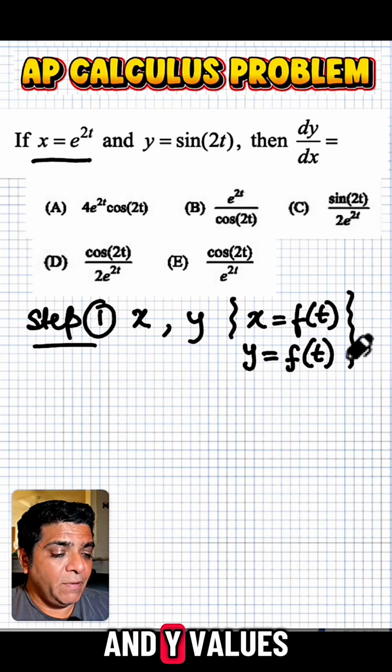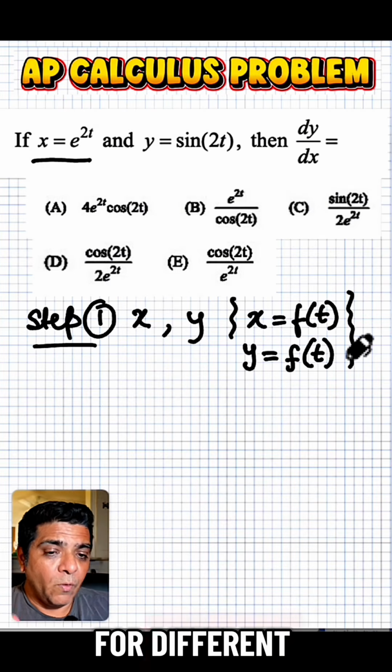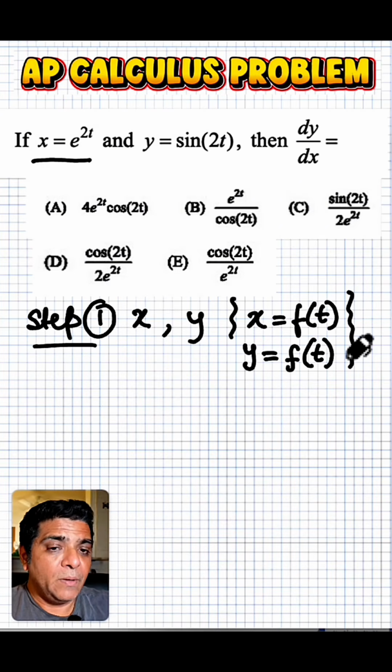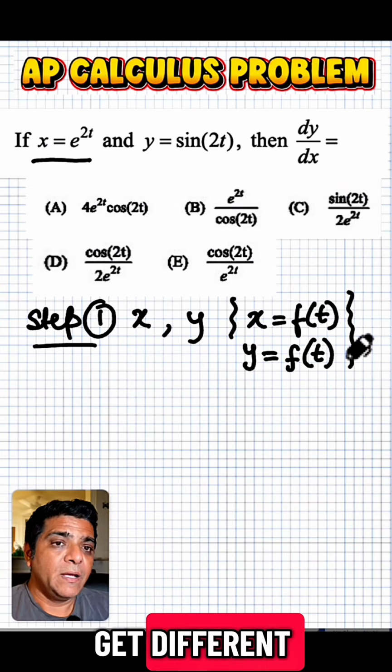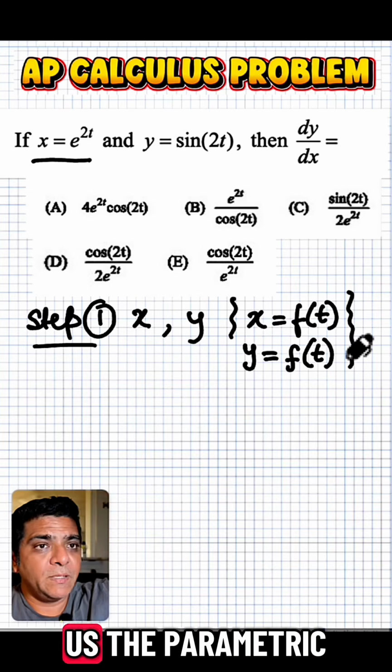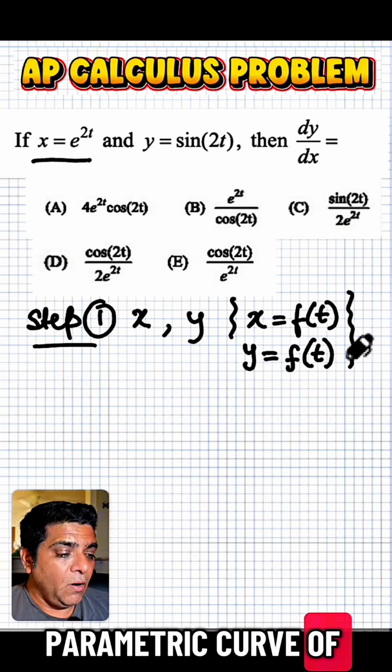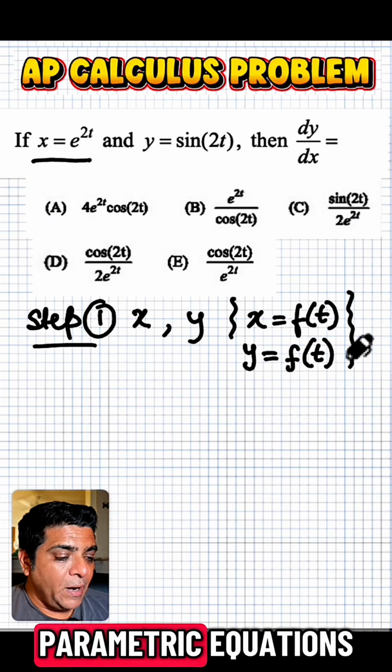And as the values of t change, you get different coordinate points (x, y), which gives us the parametric curve of that set of parametric equations.